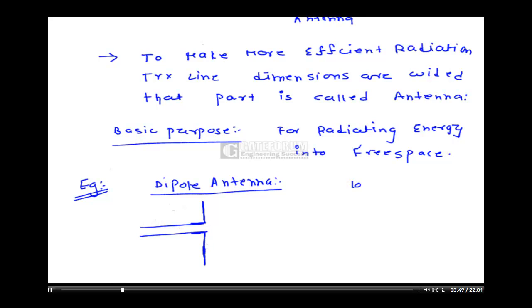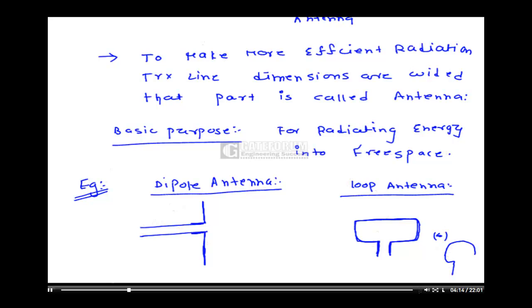Loop antenna: a loop antenna looks like this, in the form of a loop. Here I am considering a square loop, or there is a circular loop also.